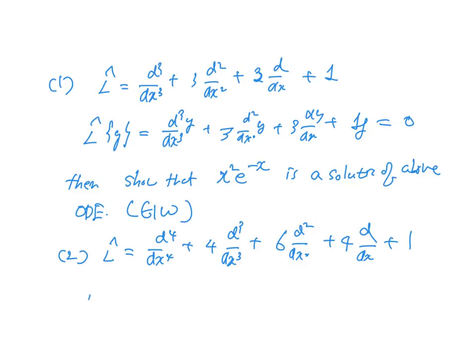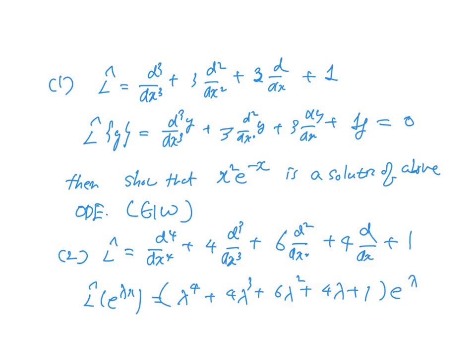Then L exponential lambda x is actually lambda to the 4, plus 4 lambda cubed, plus 6 lambda squared, plus 4 lambda, plus 1, times exponential lambda x, right?